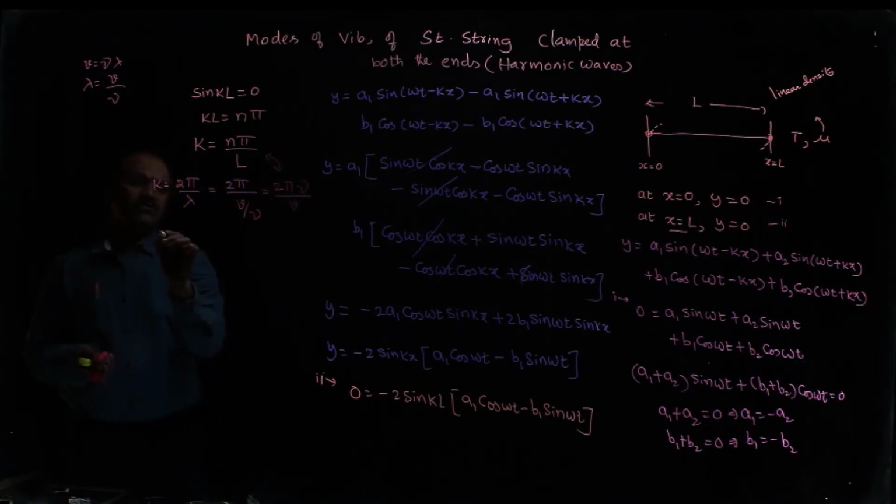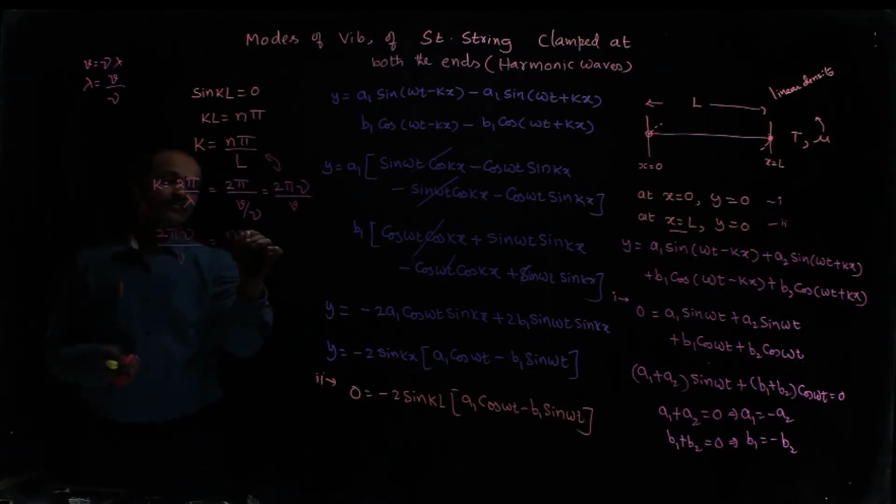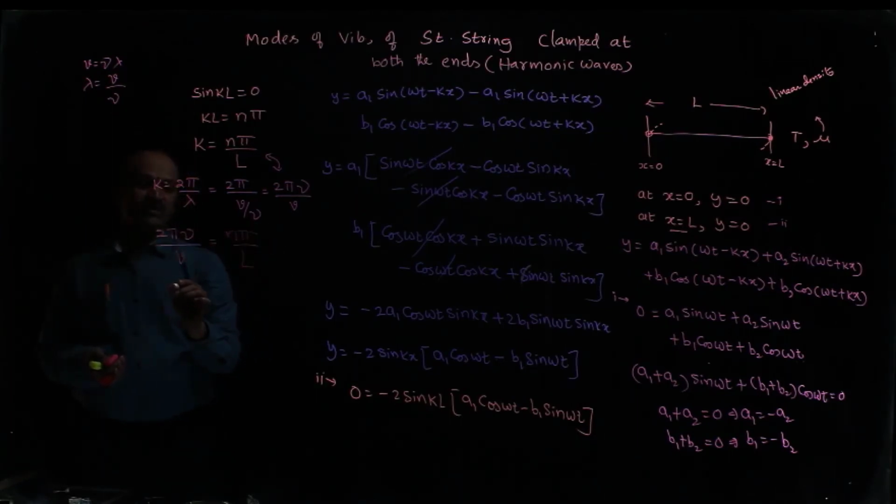Then 2 pi nu by v is equal to n pi by L. Pi we can cancel on both sides. So nu equal to n by 2L into v. But what is v?